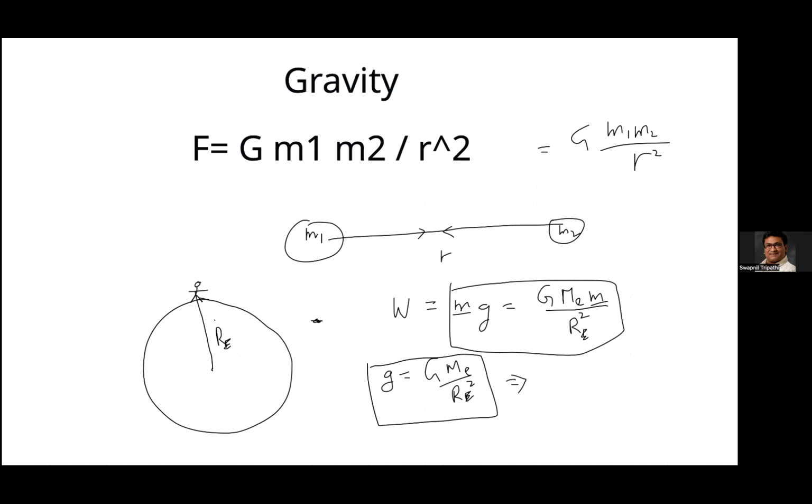By the way, the capital G is called universal gravitational constant, and it is different from the small g. The small g is 9.81. The capital G is 6.67 times 10 to the negative 11 Newton meter squared per kilogram squared.